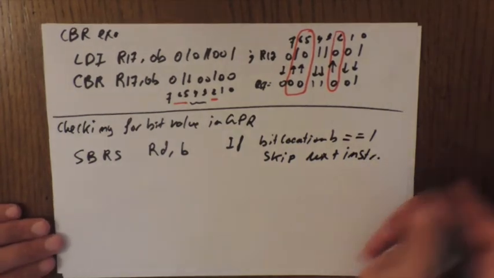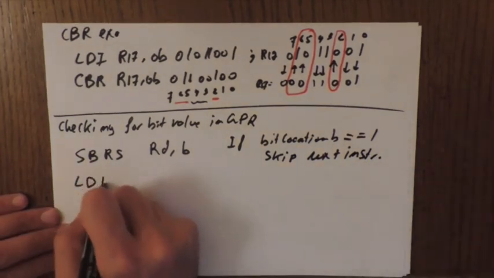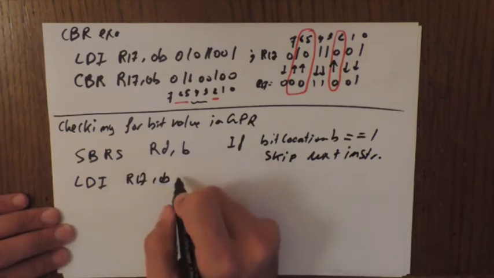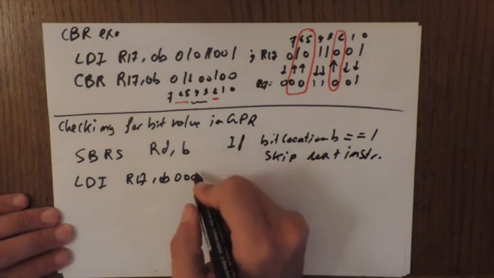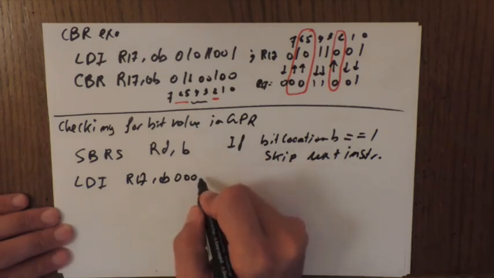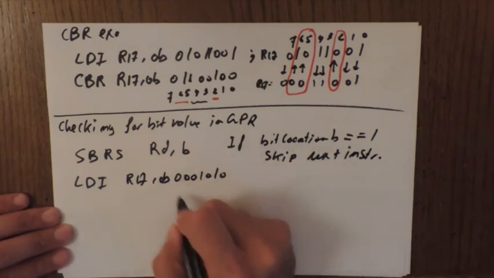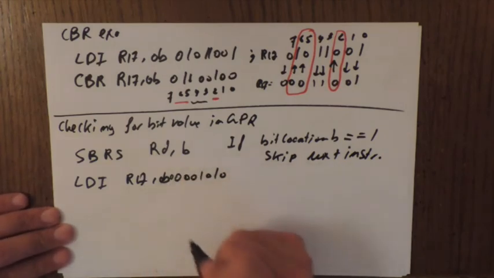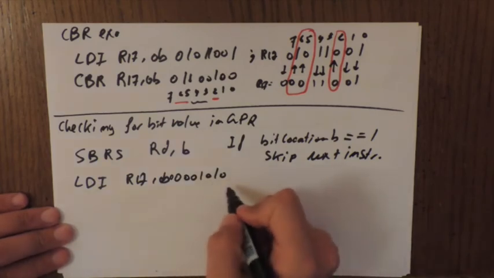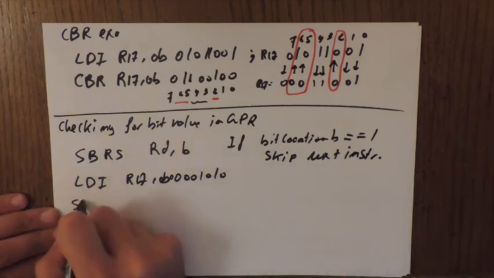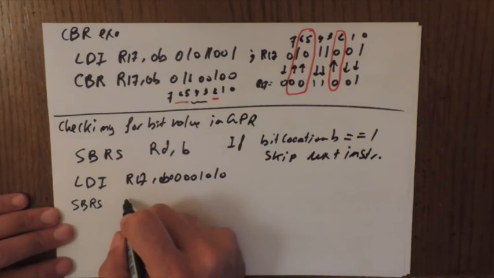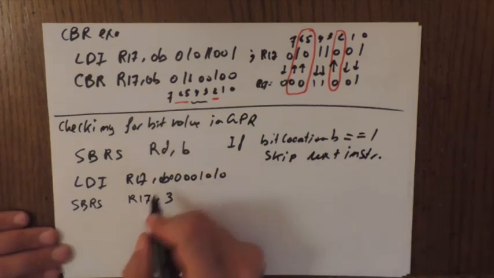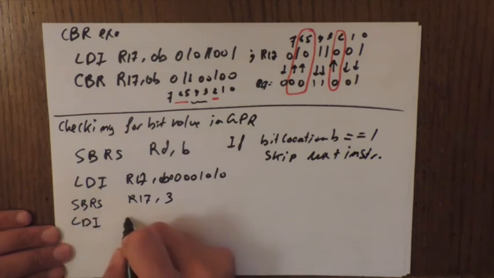In this case, let's say we have LDI R17, with bits 2, 3, 4, 5, 6, and we have 0 here, and these are 8 bits. We can do SBRS R17, 3. So we place 2 instructions under it.